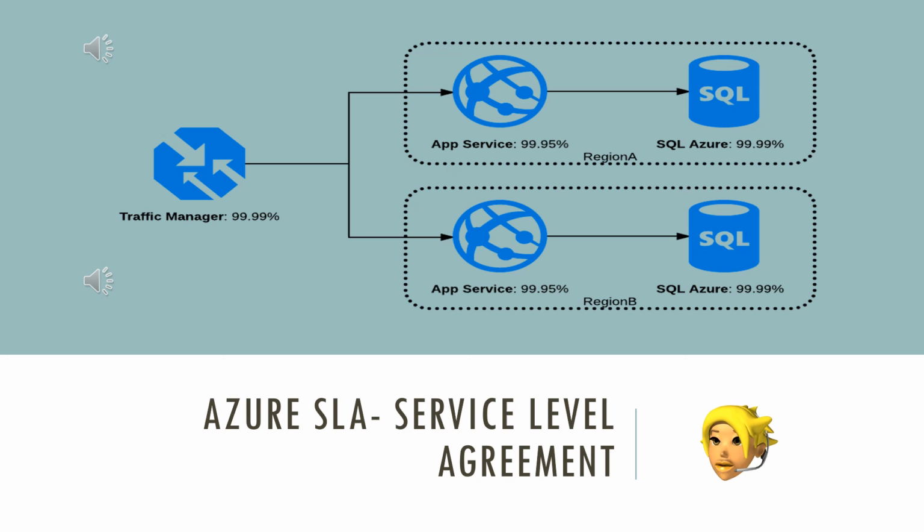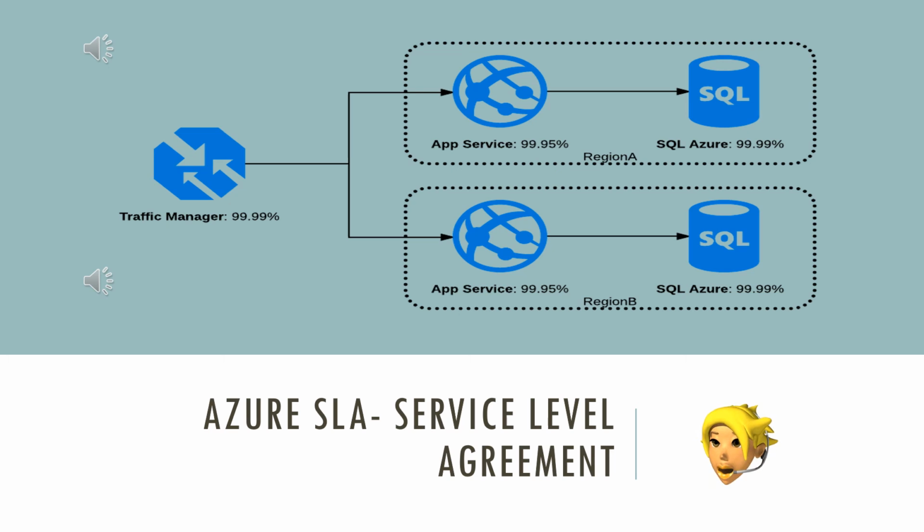For all virtual machines that have two or more instances deployed across two or more availability zones in the same Azure region, that will guarantee that you will have virtual machine connectivity to at least one instance at least 99.99% of the time. And for all virtual machines that have two or more instances deployed in the same availability set, the virtual machine connectivity to at least one instance will be 99.95% of the time.